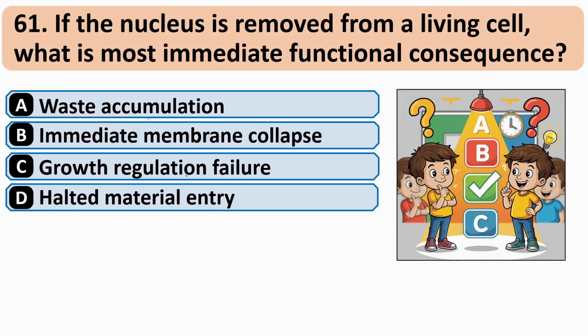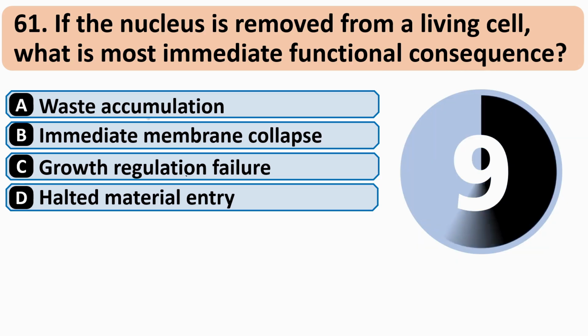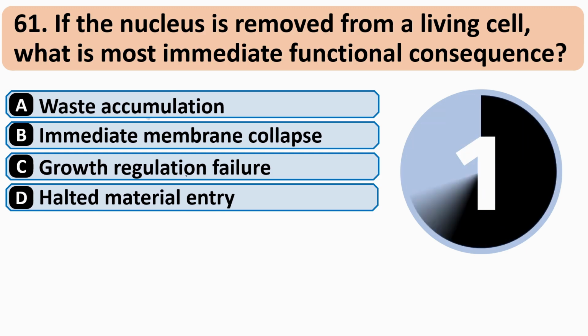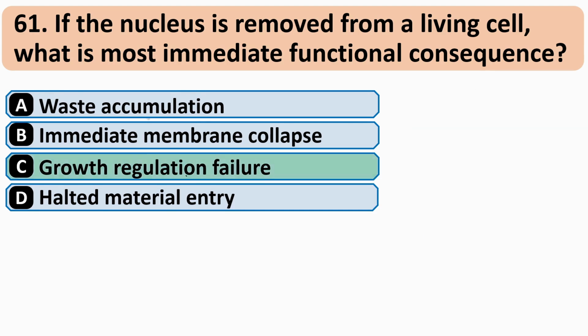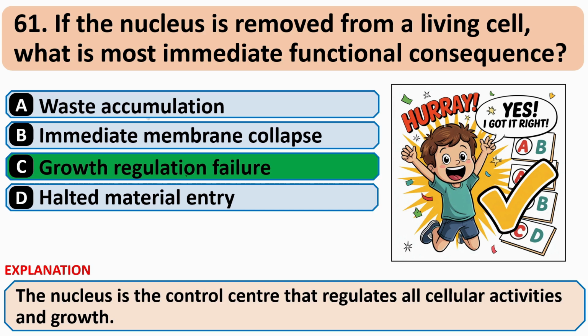If the nucleus is removed from a living cell, what is the most immediate functional consequence? And correct answer is C, growth regulation failure.